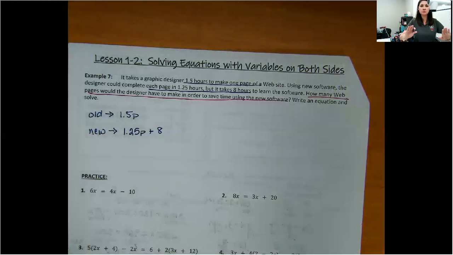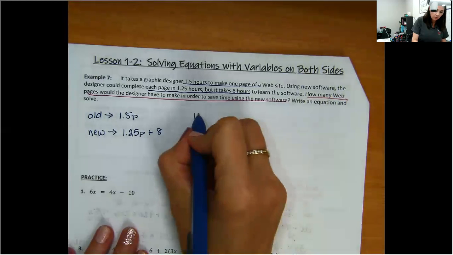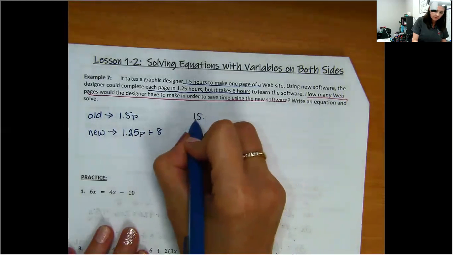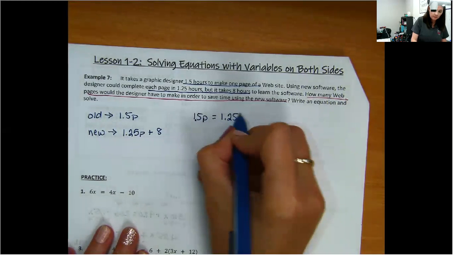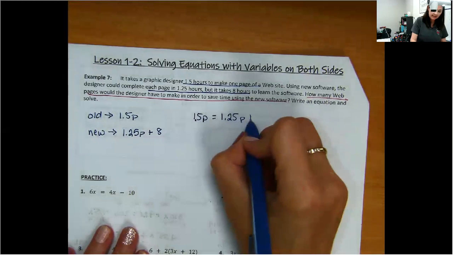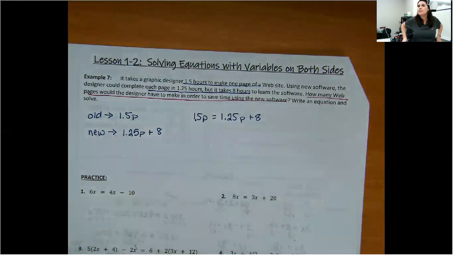We're going to set them equal to each other to see how many pages they can make in the same amount of time. And then we increase it by 1, because after that, with the new software, they'll be saving time. So you take 1.5P, set equal to 1.25 hours per page plus the 8 hours of learning, and solve.